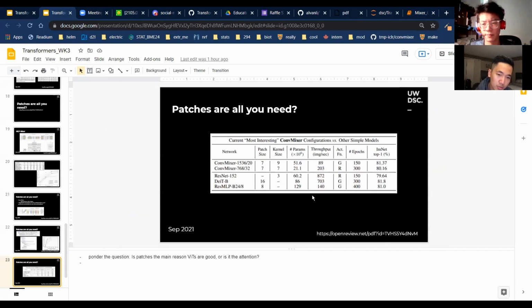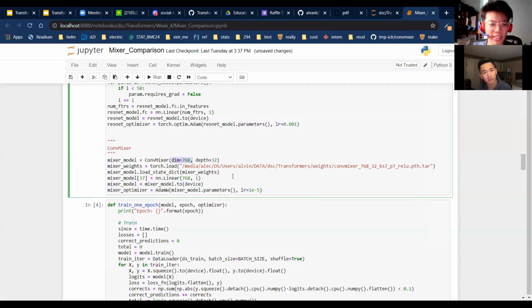Dimension in terms of patch size, I guess, or no, it's not patch size. It's more like how many dimensions there are in the hidden dimension. I see. So those are like MLP-Mixer. And the depth would be, I think, the number of layers.